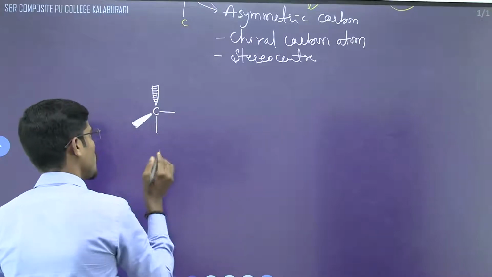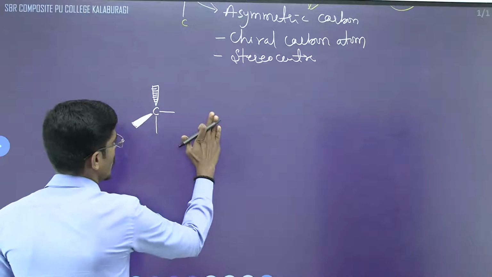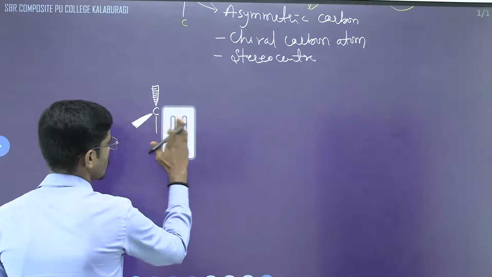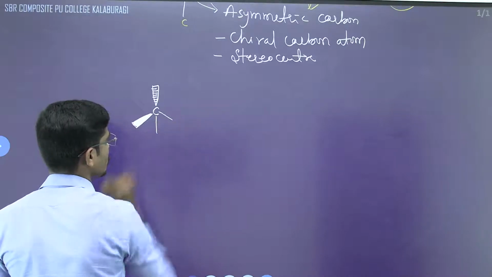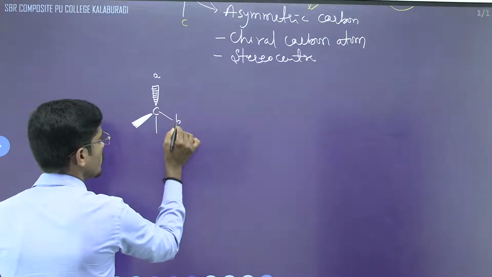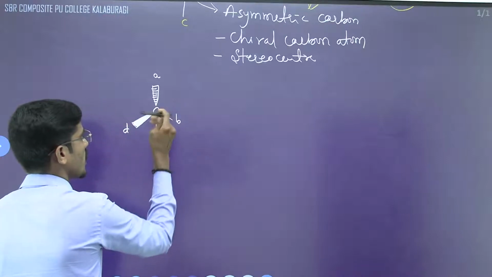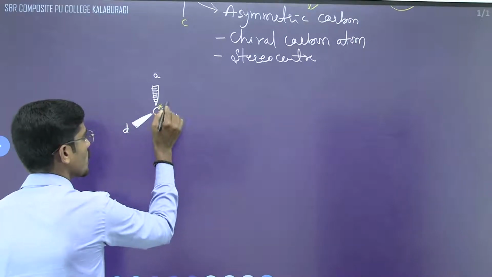Let us call these A, B, C, D. That is, this carbon atom is a chiral carbon atom.